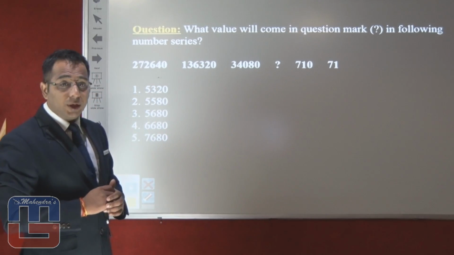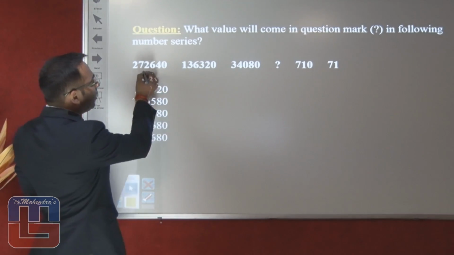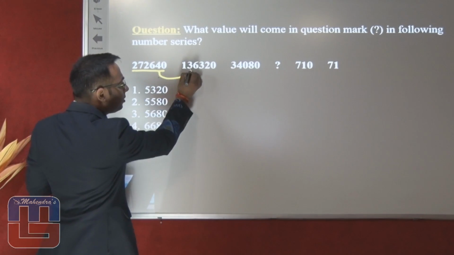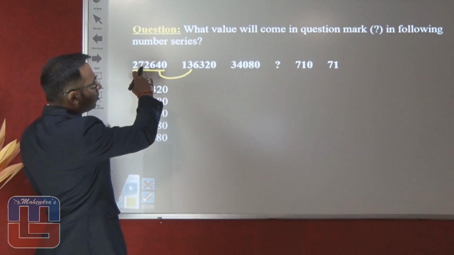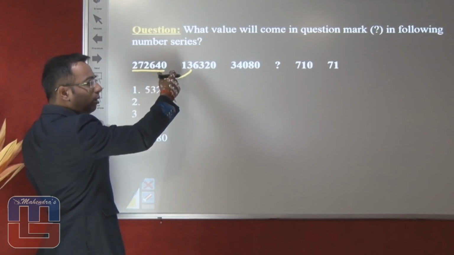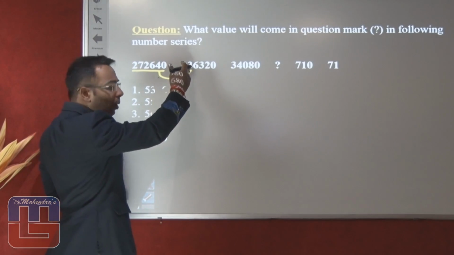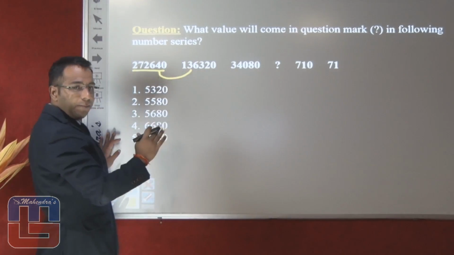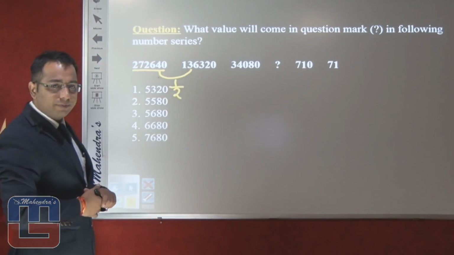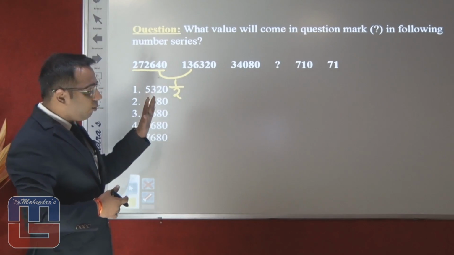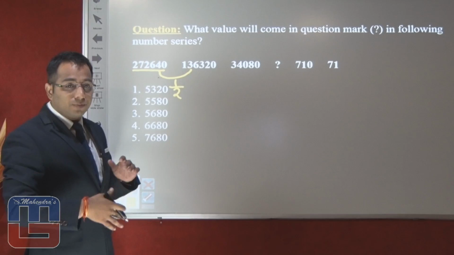Now what we can do here, you can see the value that comes after this is exactly half. If we divide 2,72,640 by 2, what we will get? 1,36,320. So the first thing is, we know it is divided by 2. Now we have to find how much to divide by.